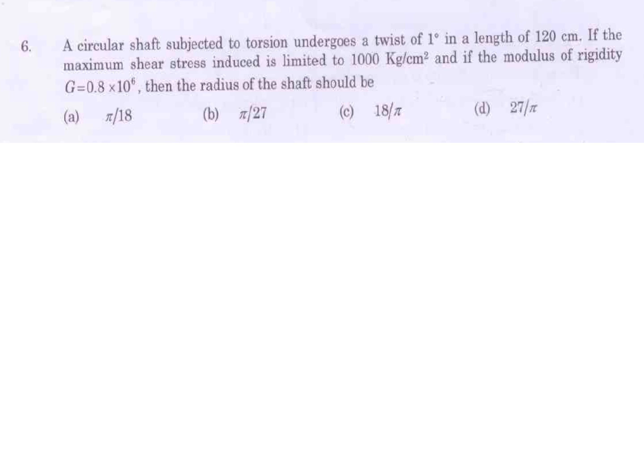The formula is T by J equal to tau s by R equal to G theta by L. This one already discussed in my previous video. Theta you convert to radian. 180 is pi radian, 1 degree is pi by 180 radian.